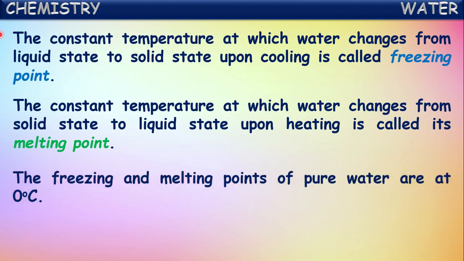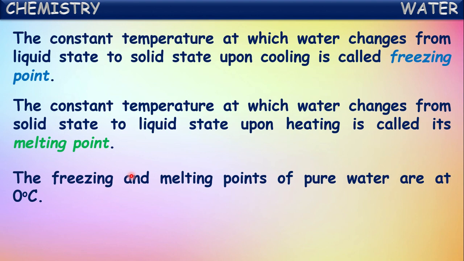For example, the freezing and melting points of pure water are at 0 degrees Celsius. That means if we cool water to 0 degrees Celsius, then it starts converting into solid ice form. So this 0 degrees Celsius temperature is called the freezing point. In the reverse way, if we take ice cubes which are below 0 degrees Celsius out from the refrigerator, they start absorbing heat, meaning they are being heated up.